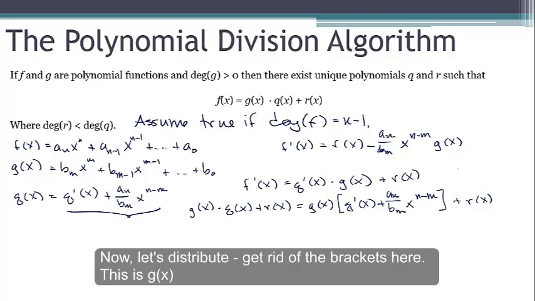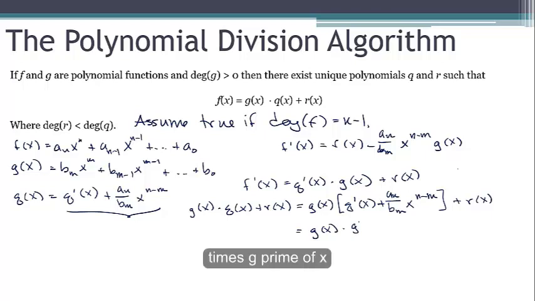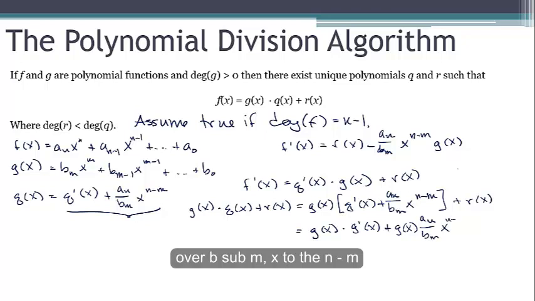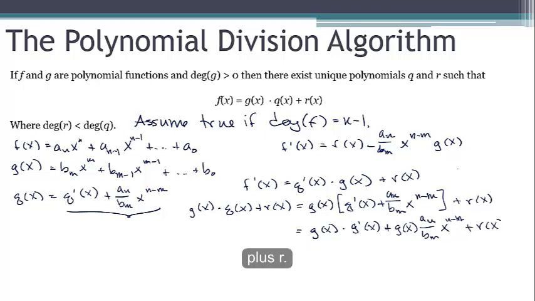Now let's distribute. Get rid of the brackets here. This is g of x times q prime of x plus g of x times a sub n over b sub m x to the n minus m plus r. All right, but now wait a minute, look.